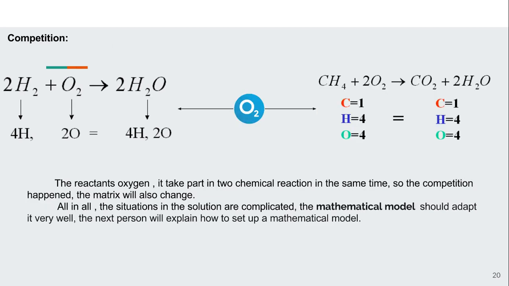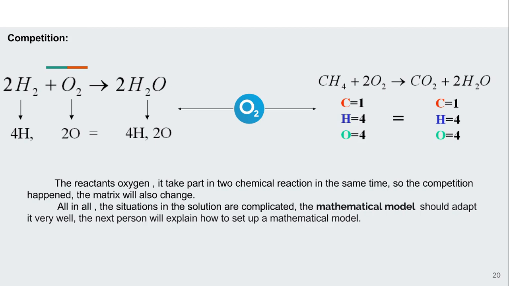The third one is competition. In this situation, a kind of ion is the reactant of two different chemical reactions. In general there is a strong chemical reaction and a weak chemical reaction, but they are happening at the same time. The matrix is complicated.